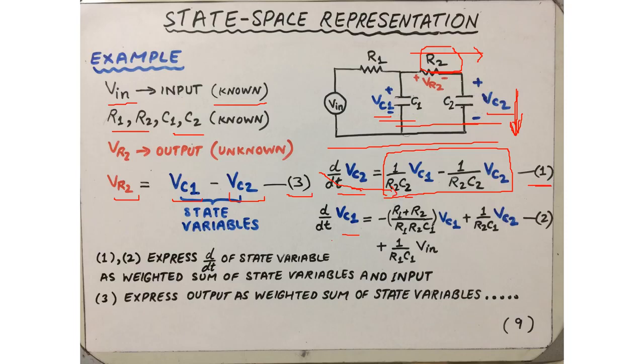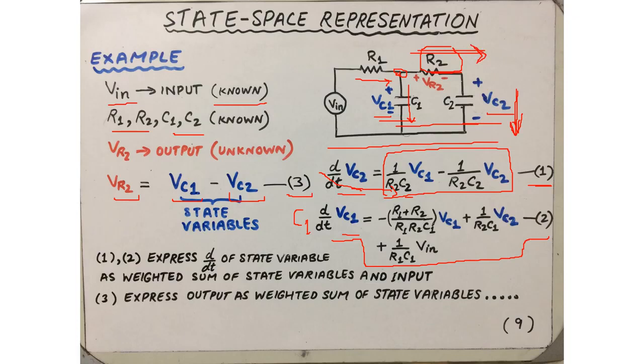Likewise, you can write down a first order differential equation for equation number 2. And here again, we are talking about the current through the capacitor C1. This current equals the current entering this node over here, that is the current through R1 minus the current through resistance R2.